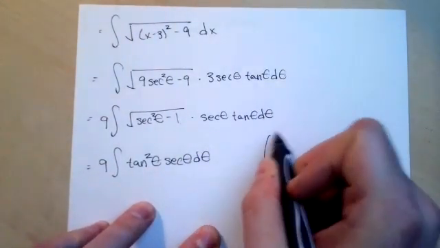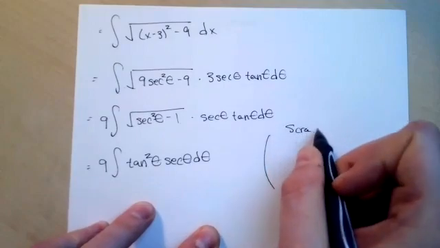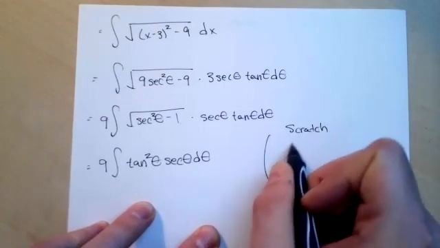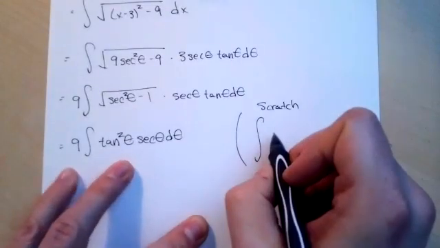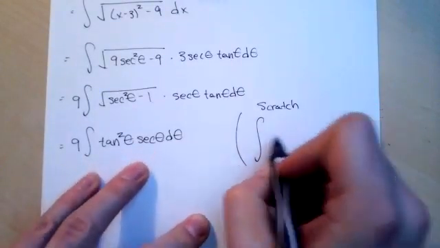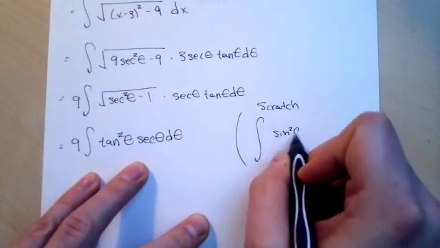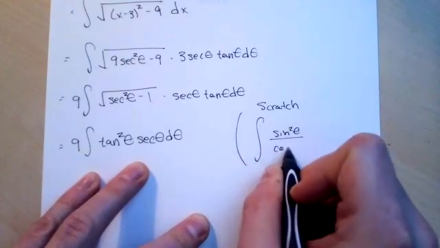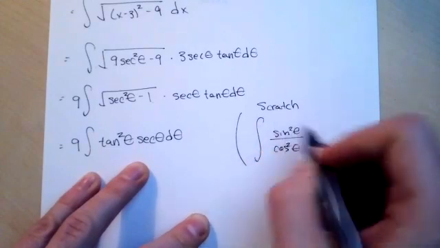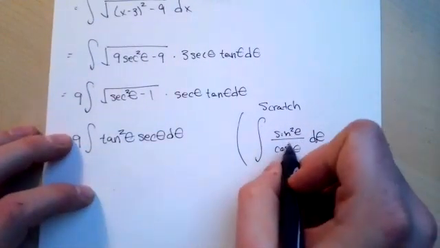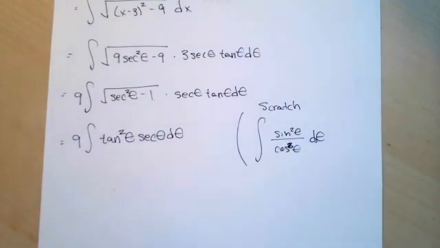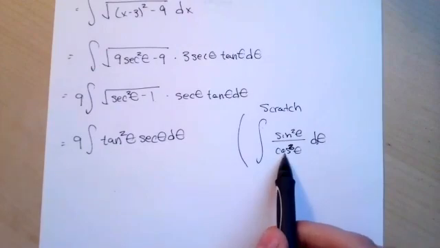So let's just do some scratch work here. Let's take a look at the integral. What's going to happen when we have tangent squared, sine over cosine, that's going to give us sine squared theta over cosine squared theta, d theta over cosine cubed, excuse me.